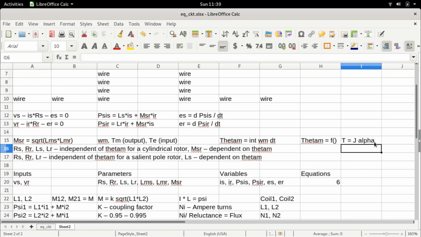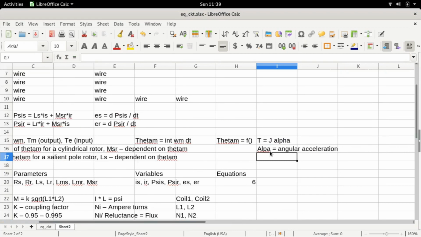This alpha is the angular acceleration. So alpha, being the angular acceleration, is equal to d omega m divided by dt. That is, it is the rate of change of speed with respect to time.